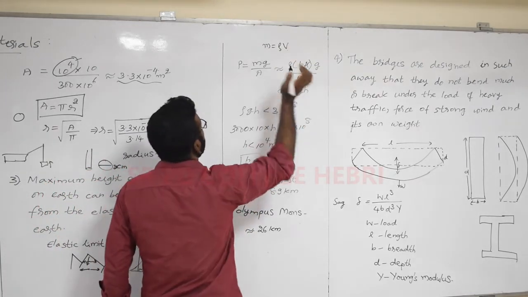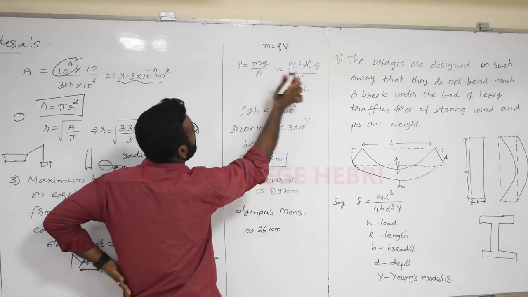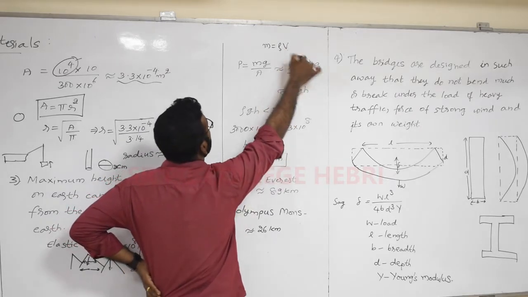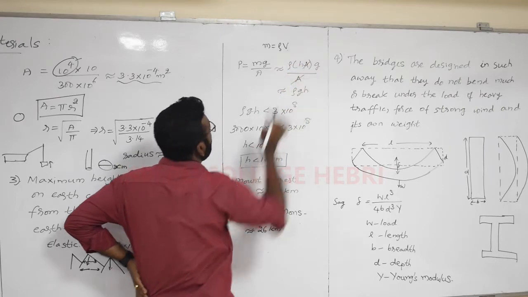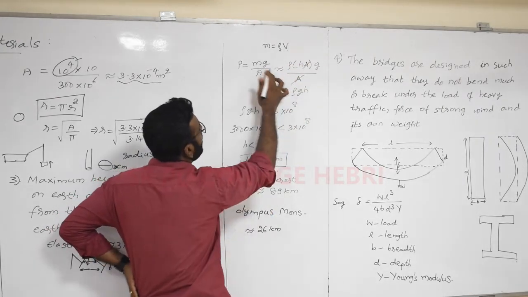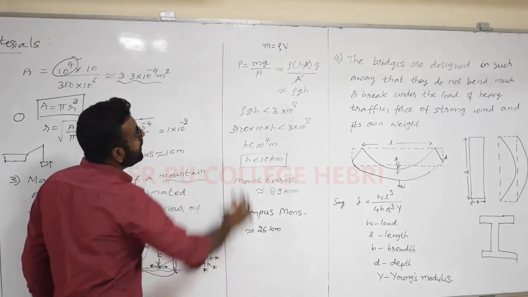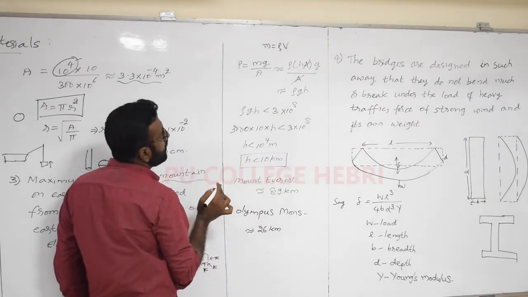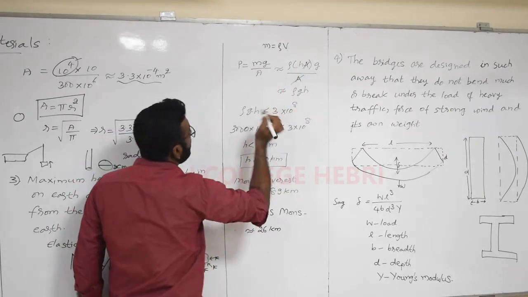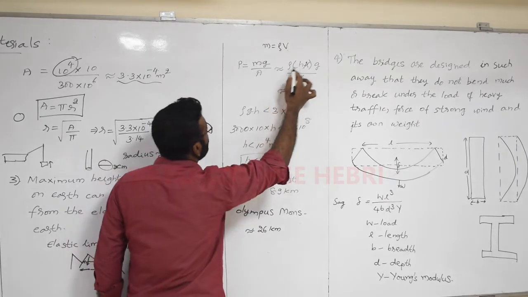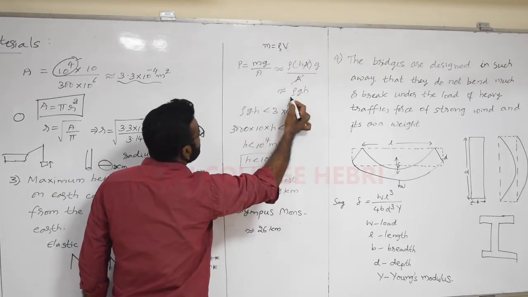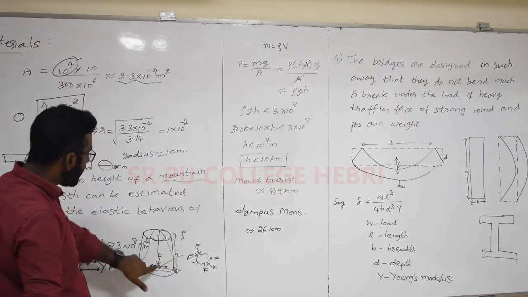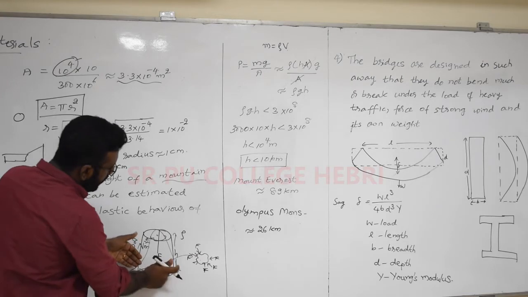Instead of mass, you can write density into volume, and volume is height into area of cross section, multiplied by g, then divided by A. So we can cancel A and A. Then what is remaining is rho, h and g. I'll write it as rho g h. So rho g h is nothing but the pressure that is acting on the particles at the bottom.